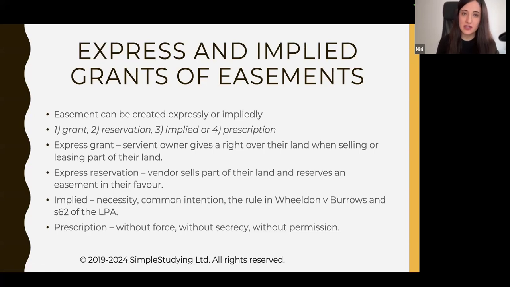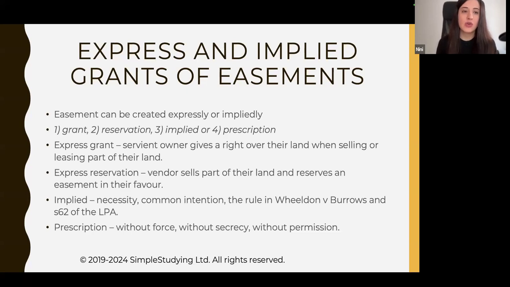Usually the court doesn't like enforcing such kind of easement, but it can be done. When you're selling the property, it's not fair to reserve rights over it. If you're selling it, the new owner should acquire the entire property and should have all the rights over it. So it's not fair to just keep rights over the property.